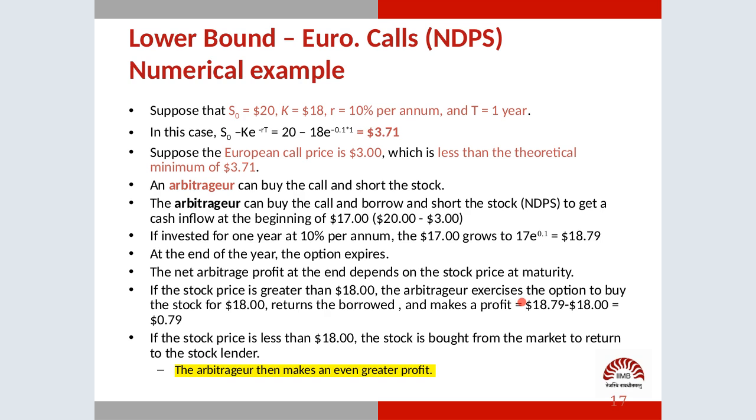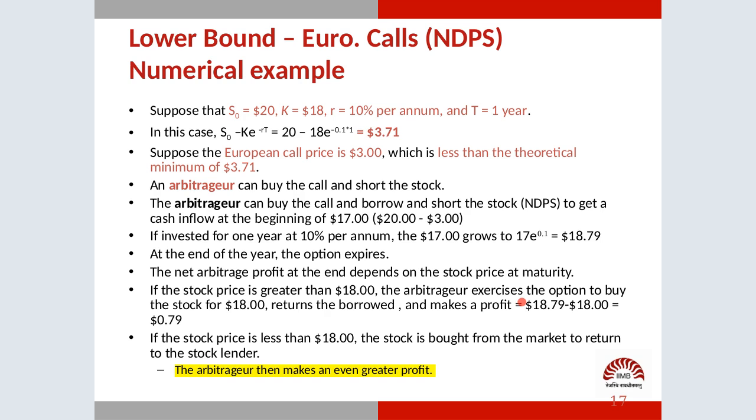In this case, the minimum profit is therefore 0.79. The maximum profit is 18.79. And where did I get it? Realize the minimum profit happens when the asset price has gone up, the call is exercised, and therefore I will buy it at 18 and pay the 18 out of the 18.79. And therefore my profit remains constant at 0.79.